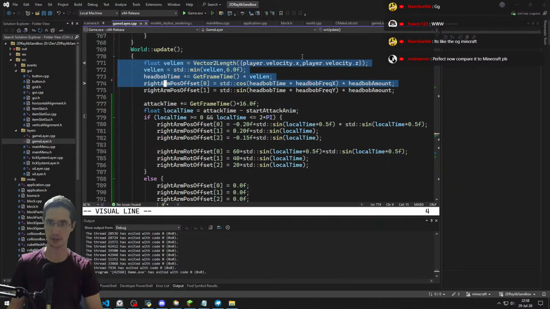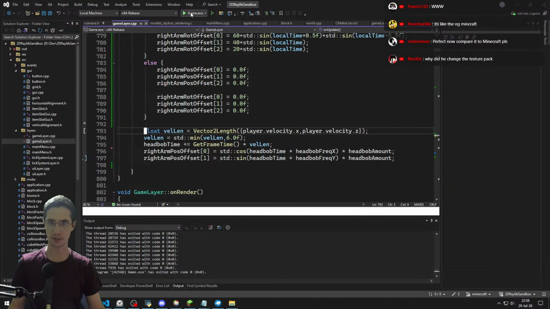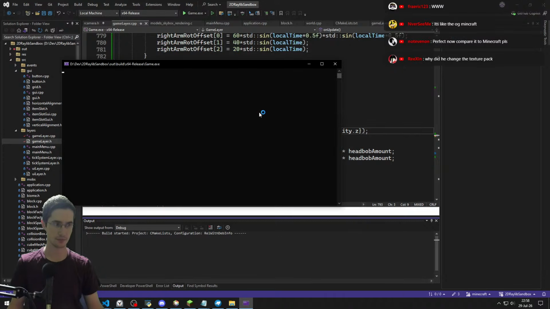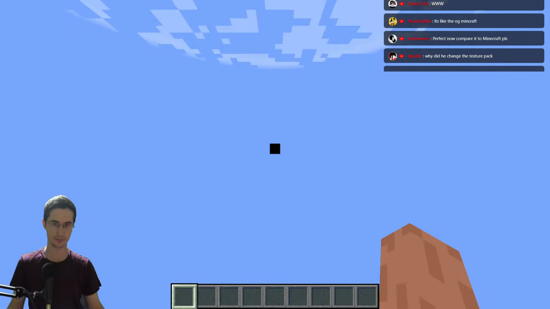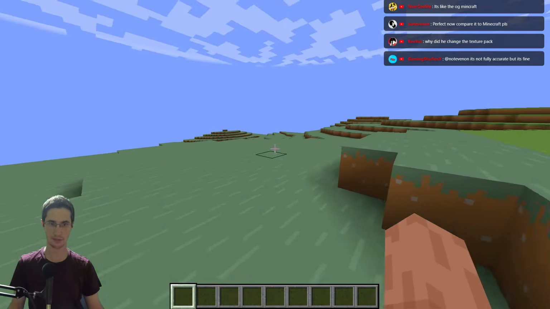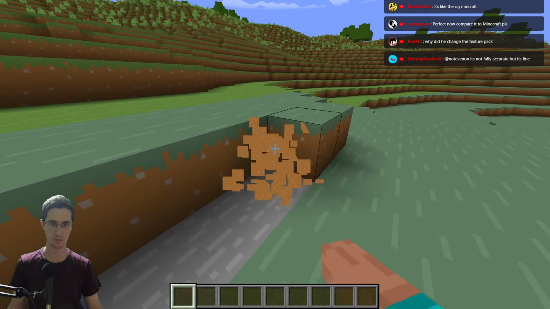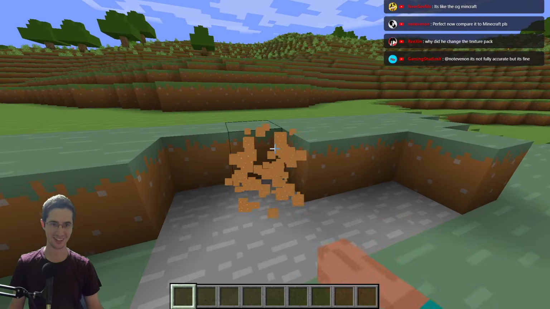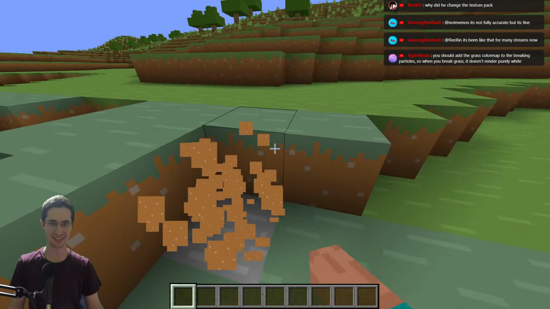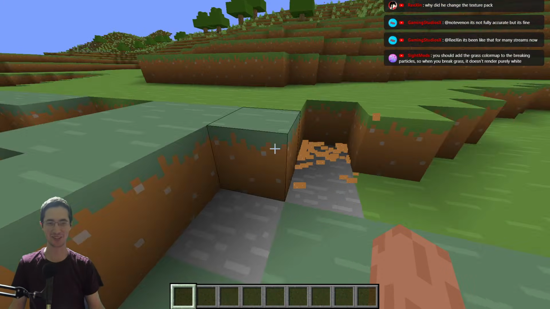Let's bring this back under this. Yeah, we have the head bob. It breaks it. The head bob breaks it. Now it's like waving a wand.